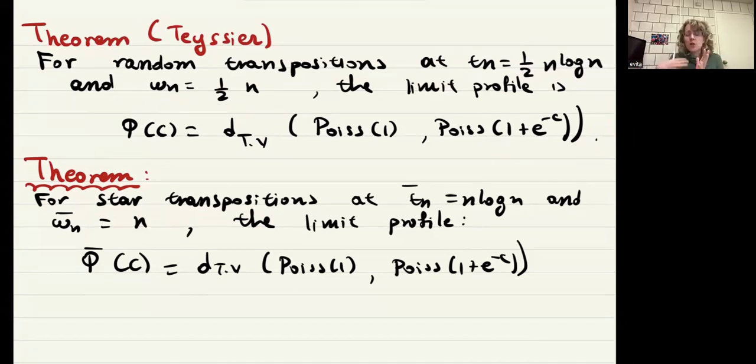This is a heuristic, not a rigorous statement, but it is what led me to believe that these 2 card shuffles must have the same limit profile. It helped me introduce a comparison technique: whatever limit profile random transposition has, star transpositions should have the same.